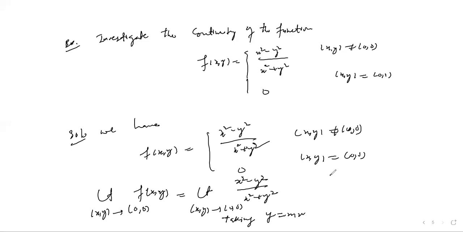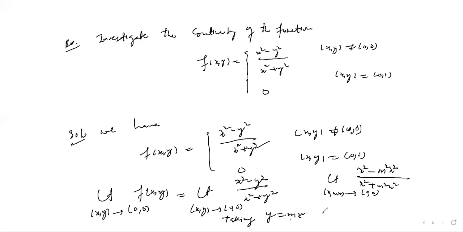So the limit as x comma mx approaches 0 comma 0. As x approaches 0, y also approaches 0. It means that mx approaches 0. So that's why it is x square minus m square x square divided by x square plus m square x square.